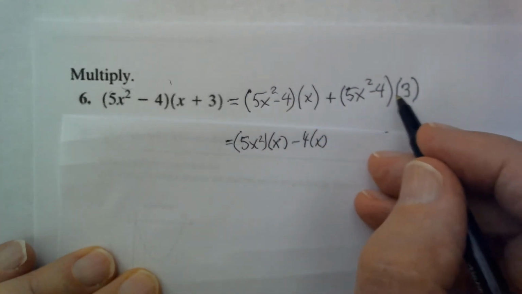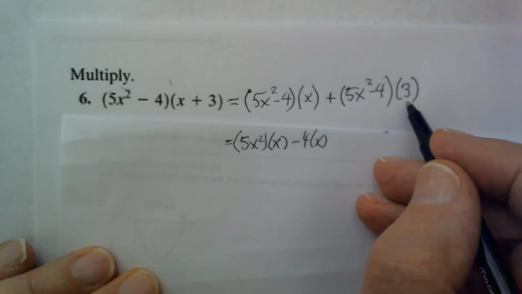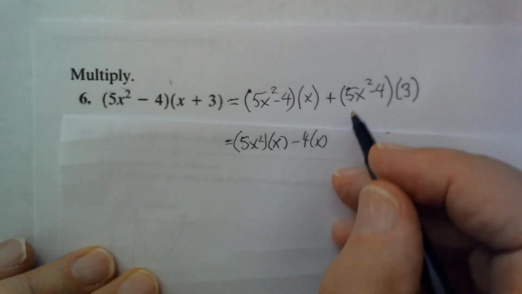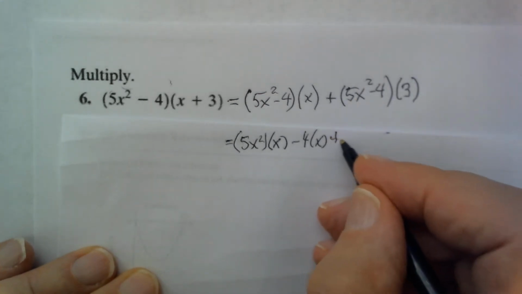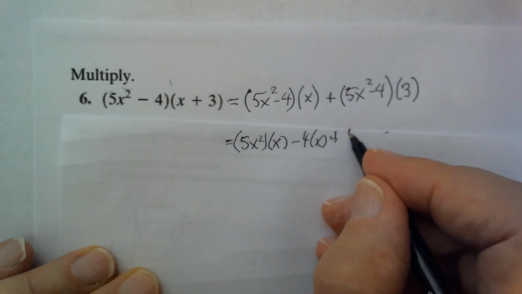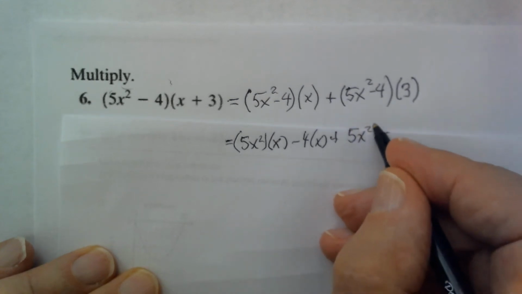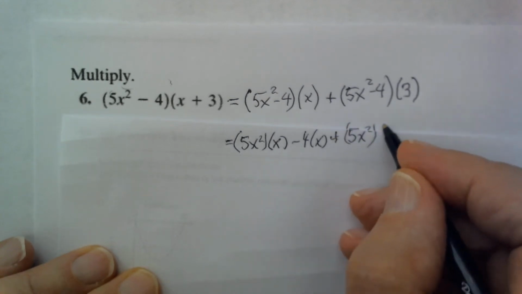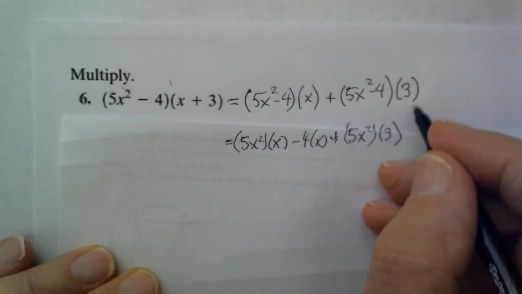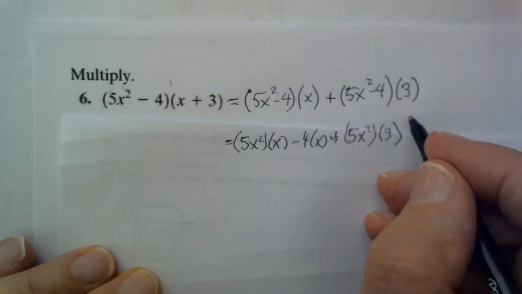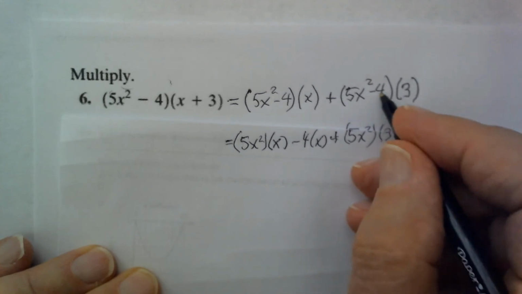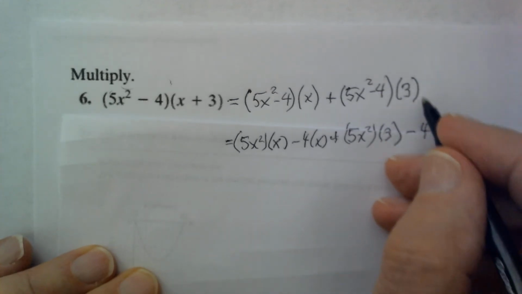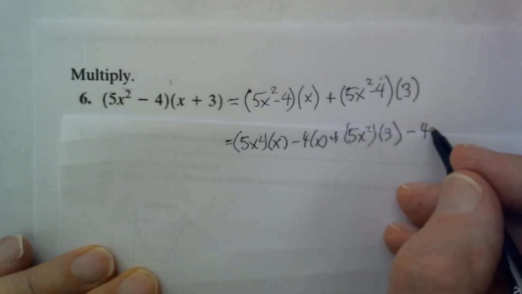And then for the next term, we multiply 3 times 5x squared, or 5x squared times 3. And then the last term would be minus 4 times 3.